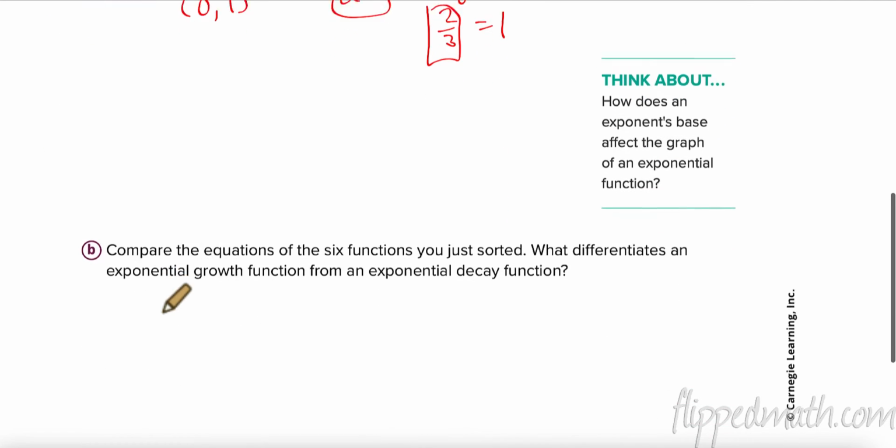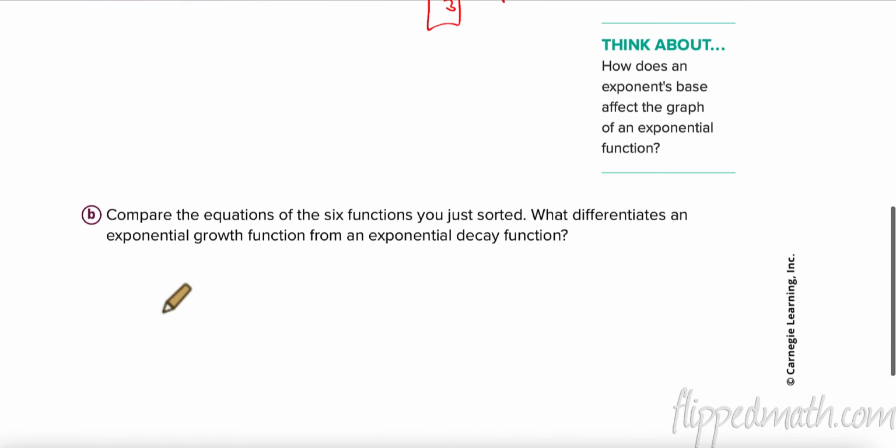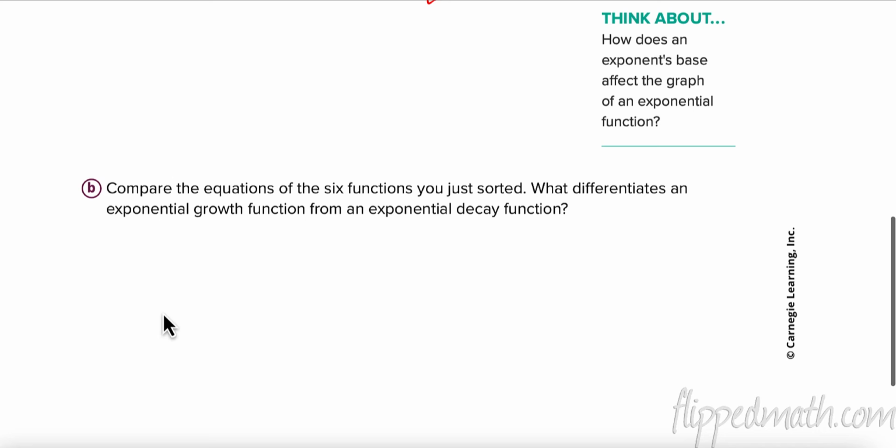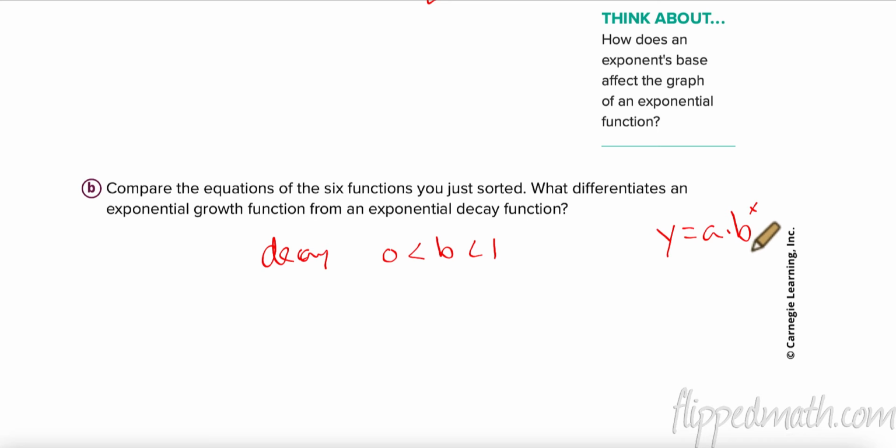All right. Compare equations of the 6 functions you sorted. What differentiates an exponential growth and decay? We talked about that, right? So decay, this is really important, are those values with the b that are between 0 and 1, right? So again, let's remind ourselves that this is the general form of an exponential. A is our starting value, b is our common multiplier, our ratio.